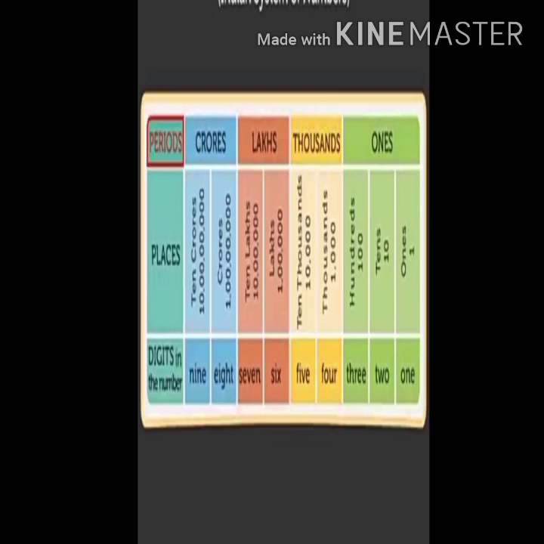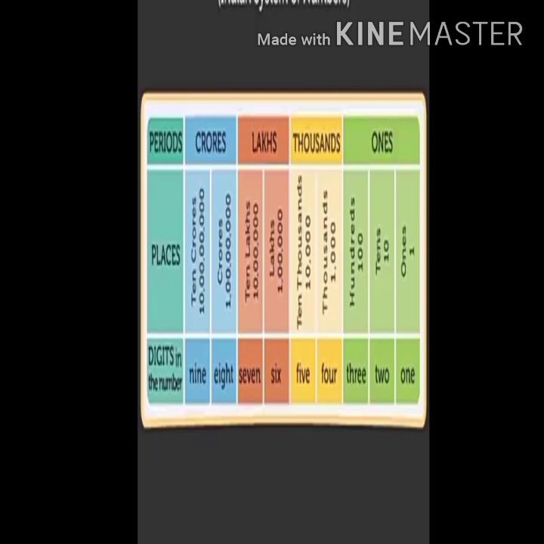Let us begin with the first one, the Hindu-Arabic system of numeration. Okay, children, now look at the table. Periods, places, numbers. And 7-digit numbers are placed in ones, thousands, and lakhs. Next, 8th and 9th digit numbers are placed in ones, thousands, lakhs, and crores.